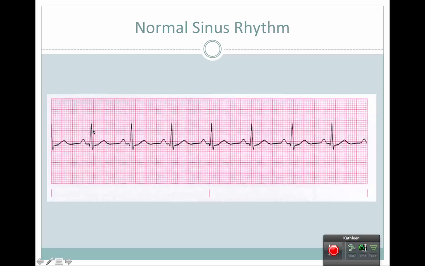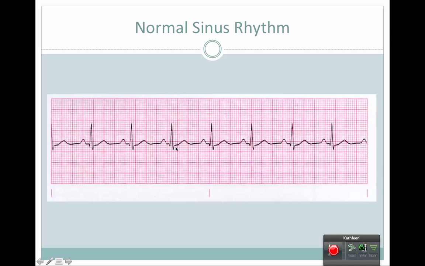The PR interval is the beginning of the P wave to the beginning of the Q wave, even though it's called a PR interval. A normal PR interval is from 0.12 seconds to 0.20 seconds.